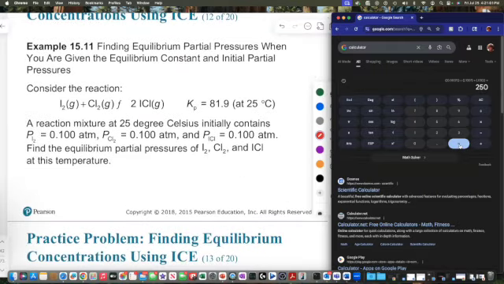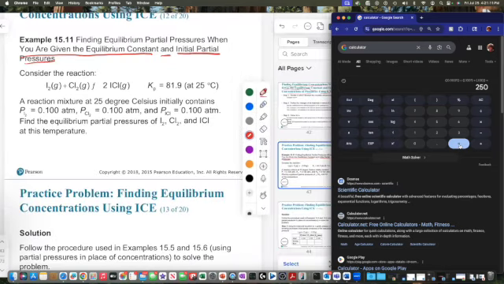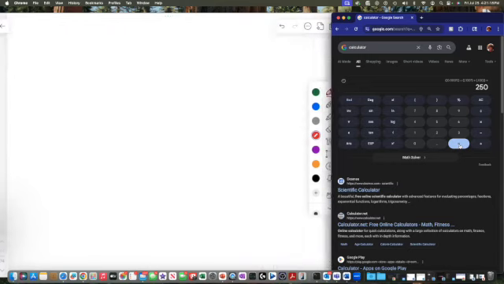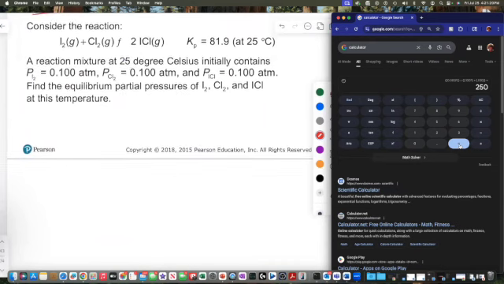In this problem, we're told you are given the equilibrium constant, not the numbers, and initial partial pressures. So for us to do this, we have to use the ICE table and add the numbers to the I row, not the E row. Does that make sense? It has to go to the I row. Okay, let's see.